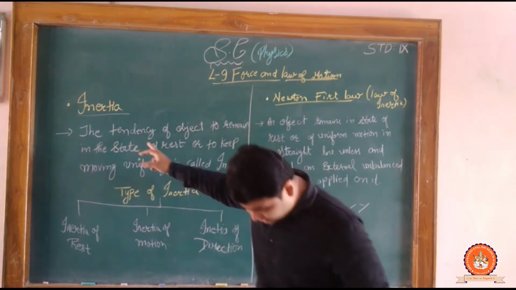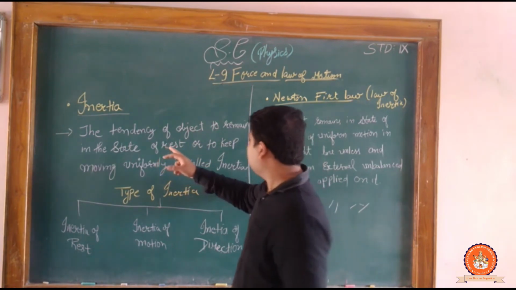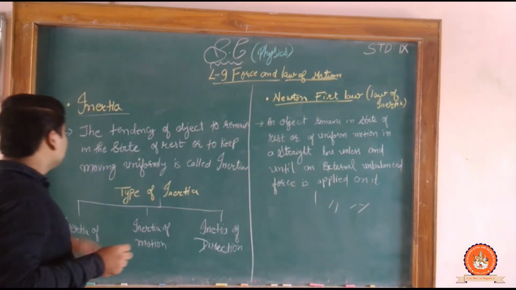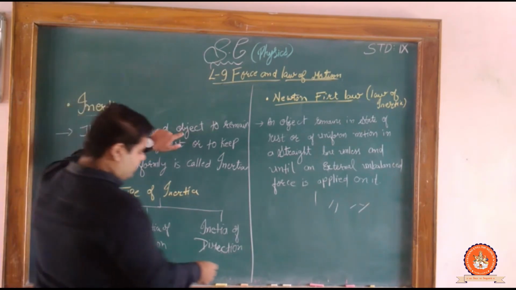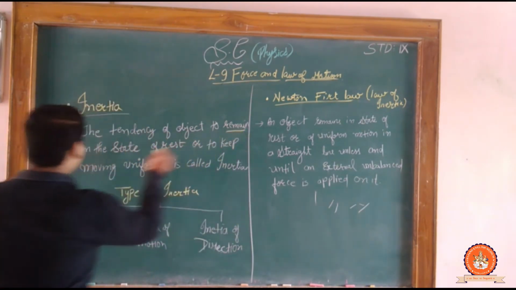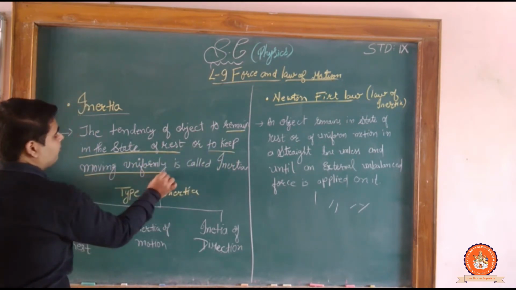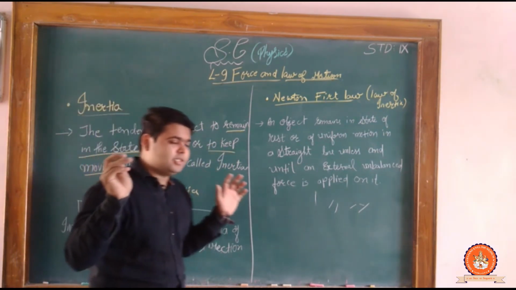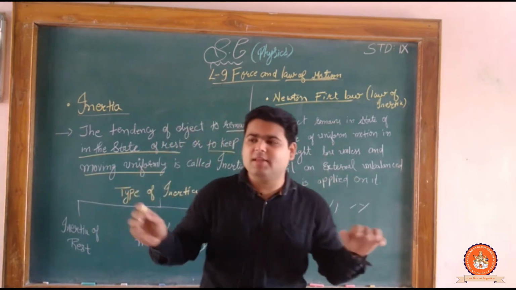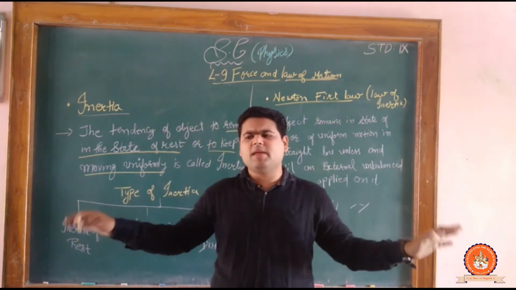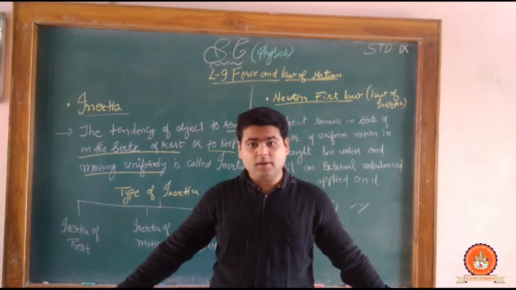The tendency of an object to remain in the state of rest or to keep moving uniformly is called inertia. It is simple: if it is at rest, it always stays at rest. It likes to stay at rest. Clear?